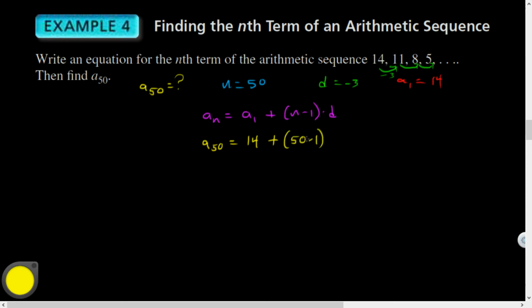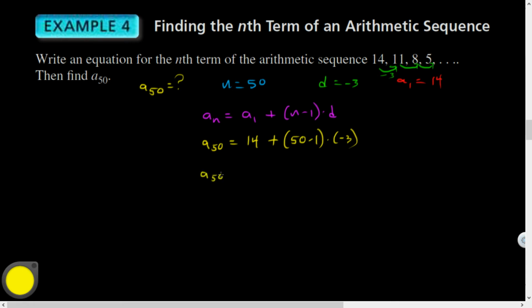It's in parentheses, so that happens first. And multiply by the common difference of negative 3. Finding the 50th term otherwise would have meant minus 3, minus 3, minus 3, and I would probably lose count partway down that list. But this is nice. I get to just plug it into a formula, and it's going to tell me what I need.